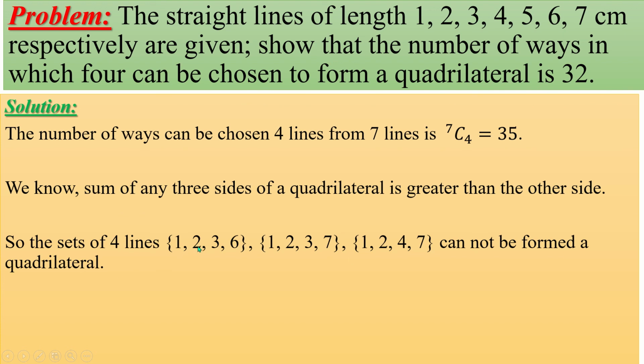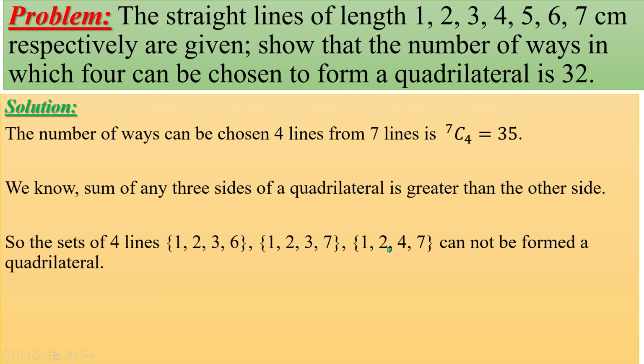Because 1 plus 2 plus 3 equals 6, not greater than 6. And for 1, 2, 3, 7, 1 plus 2 plus 3 equals 6, which is less than 7. So it is not possible to form a quadrilateral.